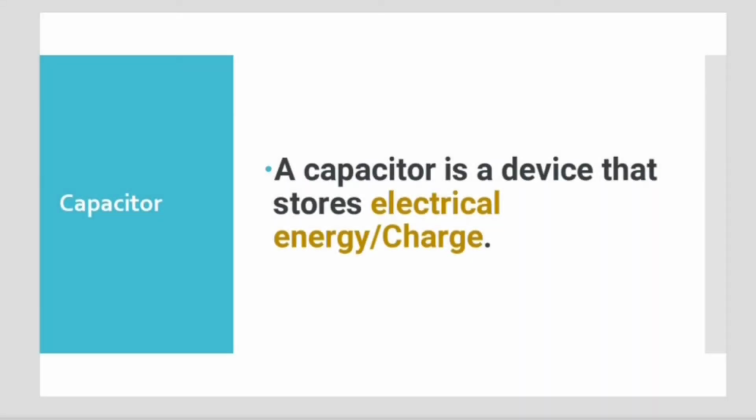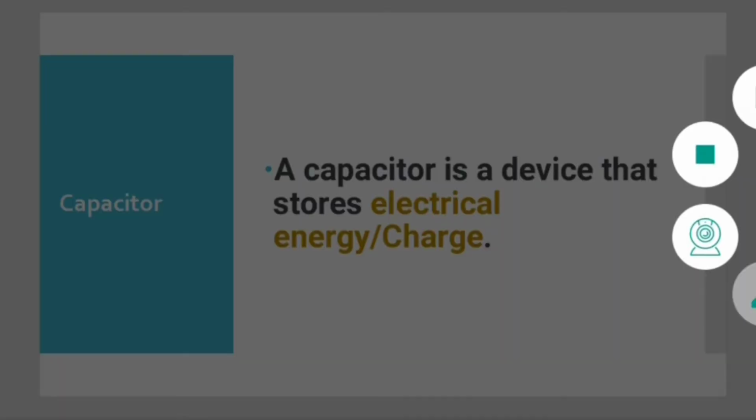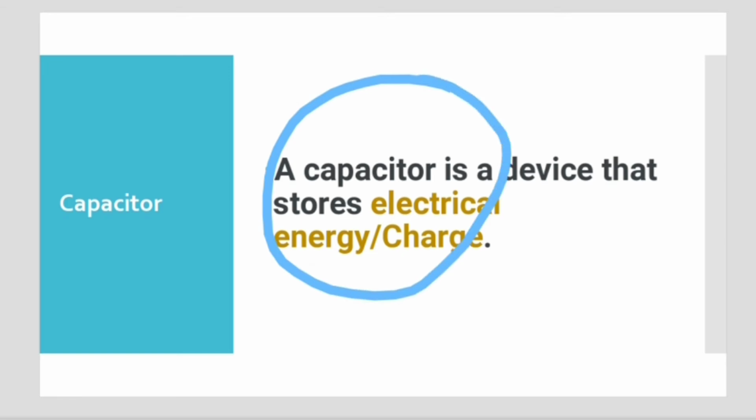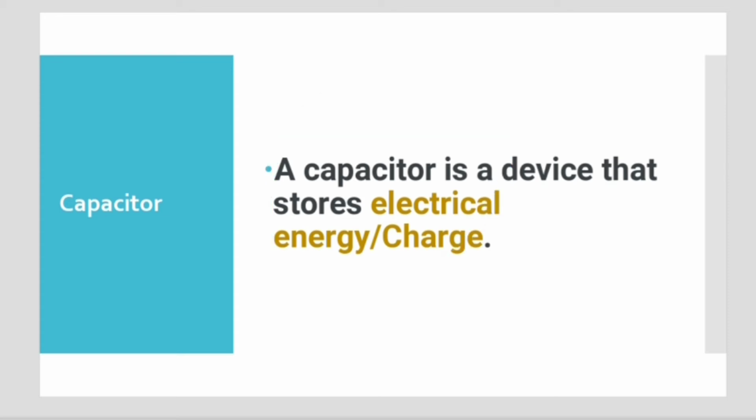You will probably argue that this is the same thing that a battery does, right? With a positive and negative terminal. But capacitor is different from a normal battery, from a normal cell, because capacitor is used only when the requirement of the electric supply or the electric current is more.